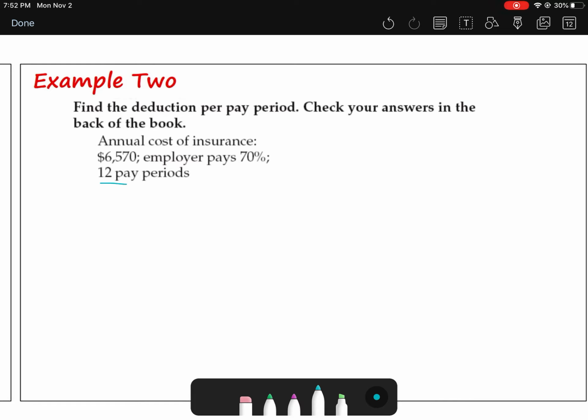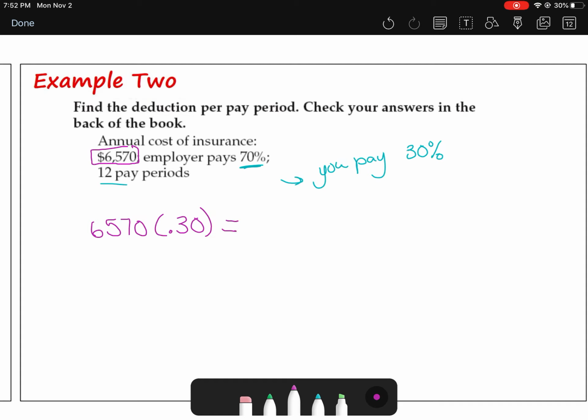Well, if the employer pays 70%, that means you pay 30%. Okay, so I know the total cost was $6,570. So I'm going to take $6,570 and times it by 30%, which is 0.30. And I get $1,971.